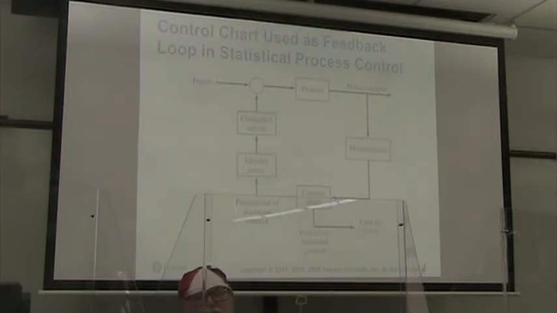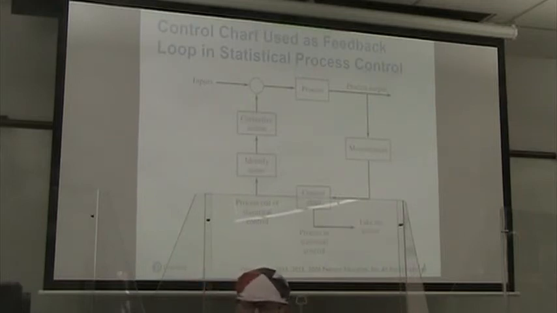Our process output goes out, but we have a measurement that goes onto the control chart. If the process is in statistical control, we take no action. If it's out of control, we identify the cause and take corrective action.